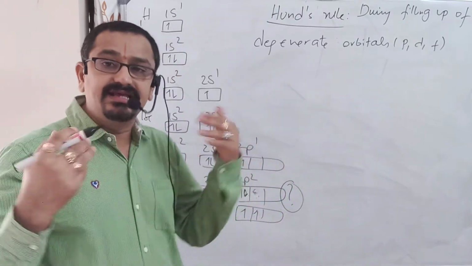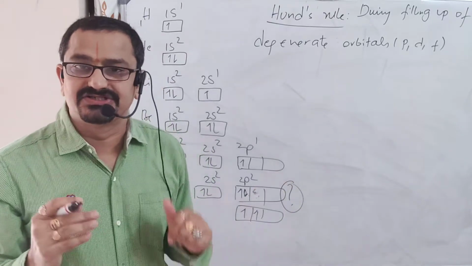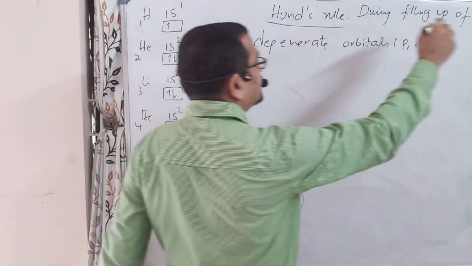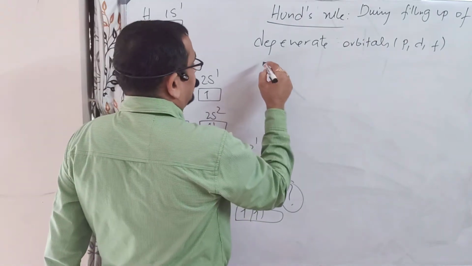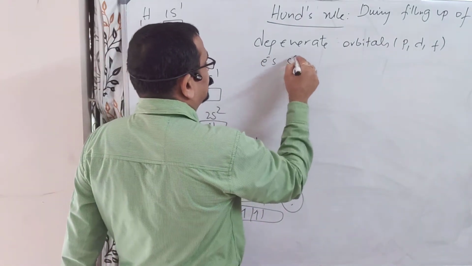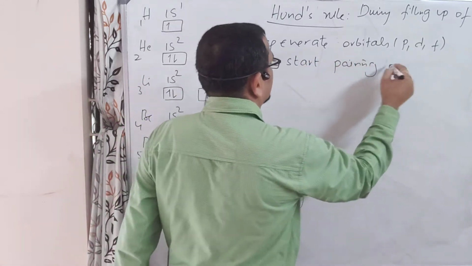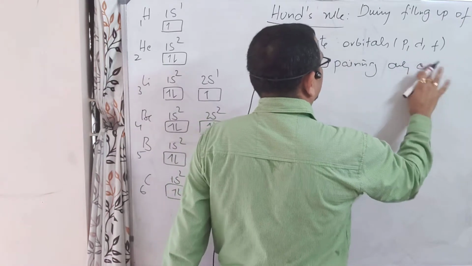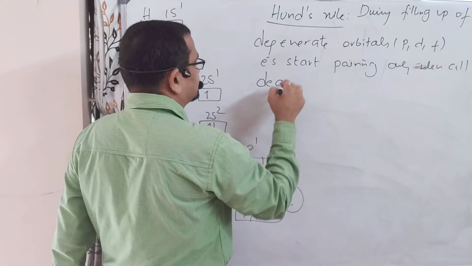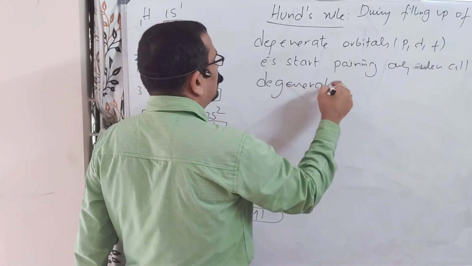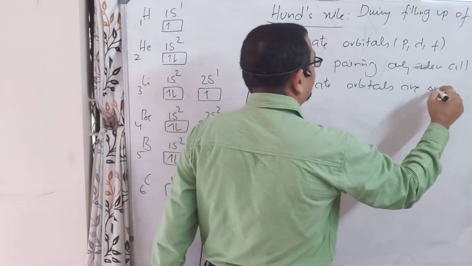So we are going to study about the higher levels in our Mains and NEET sessions, followed by Advanced sessions. Okay. Degenerate orbitals. During filling up of degenerate orbitals p, d, f, electrons start pairing only when all degenerate orbitals are singly filled.